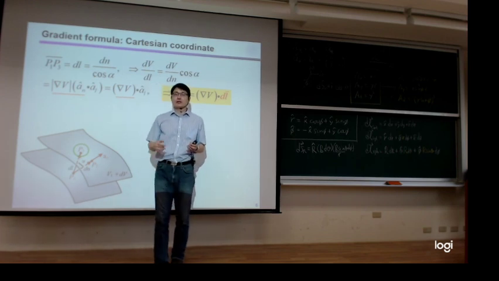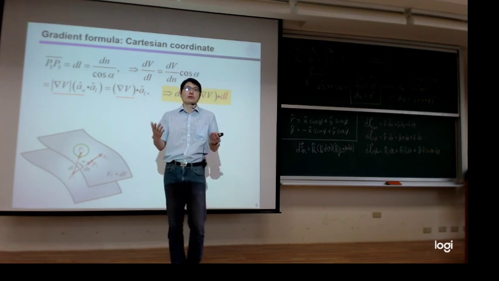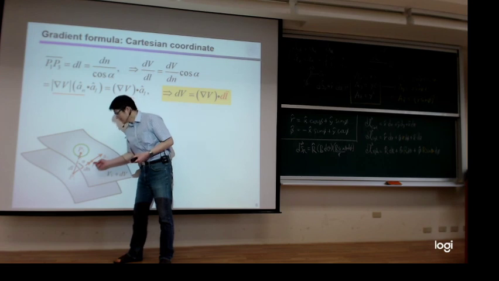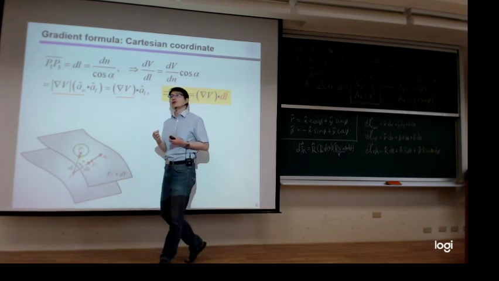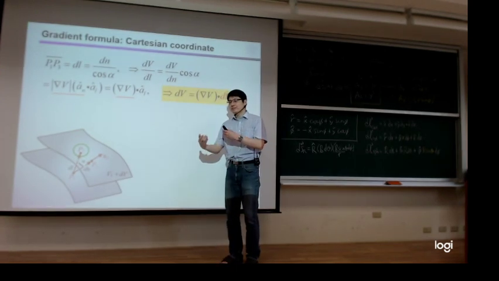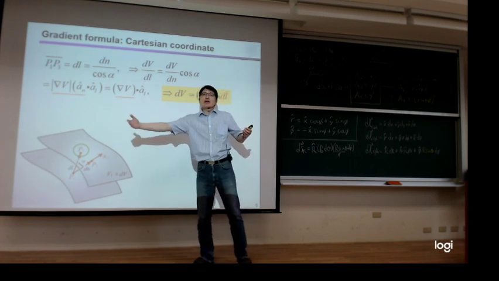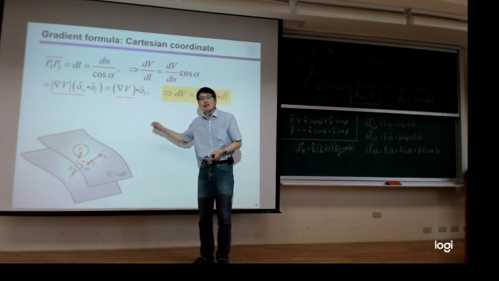Your parents tell you to go to Jiao Tong University, you come to Tsinghua University, and you make the right choice. So you want to take another path, but the price you have to pay is you have to do more work. You have to walk for a longer distance in order to reach the same change in V.